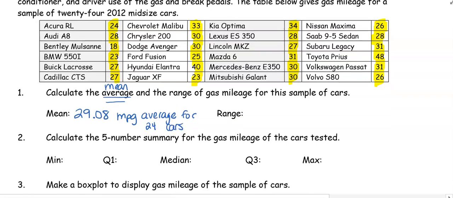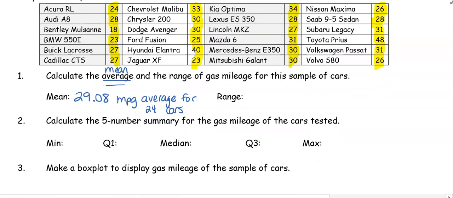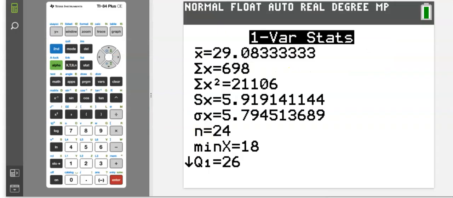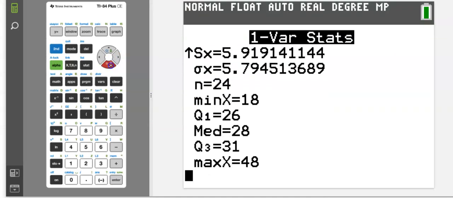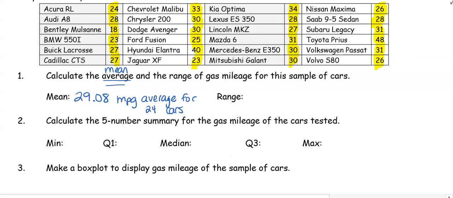Now the range is going to be found, remember that's from the lowest to the highest, which is going to go along with number 2. Number 2 is calculate the 5-number summary for those, which if we keep on going down with our one variable stats in our calculator, our minimum value is 18, our Q1 is 26, 28 for the median, Q3 is 31, and the max is 48.